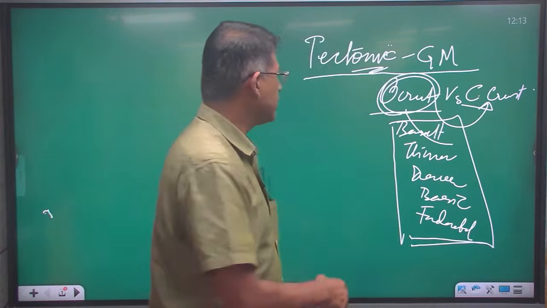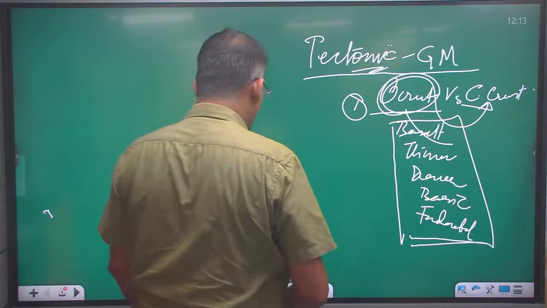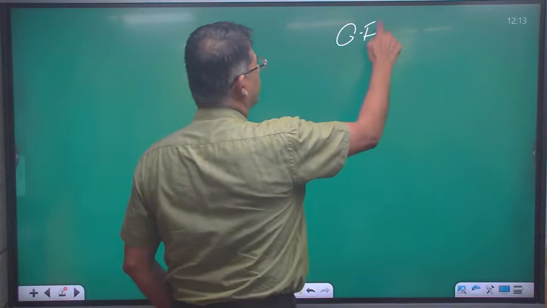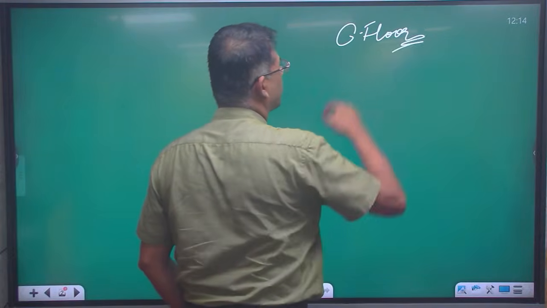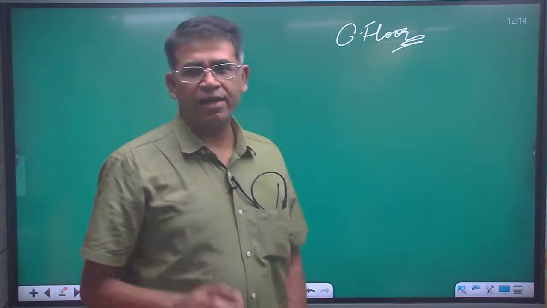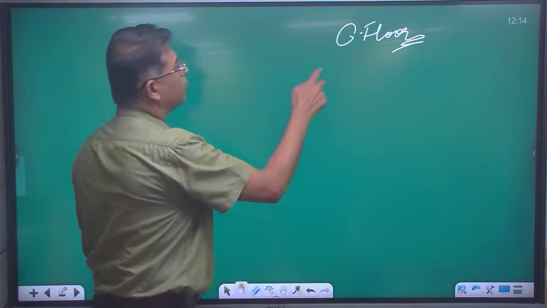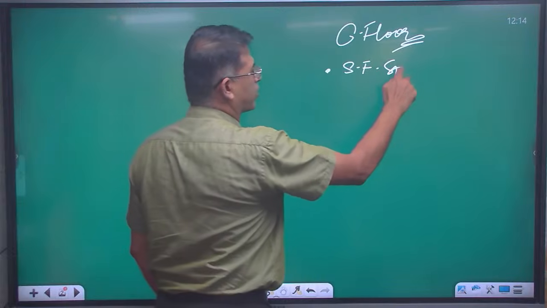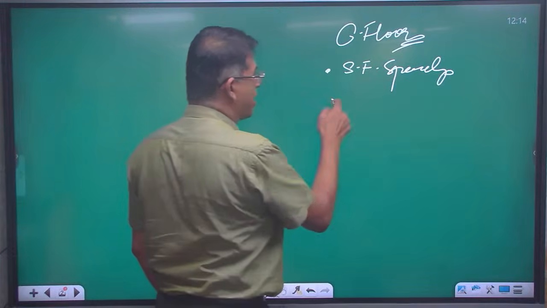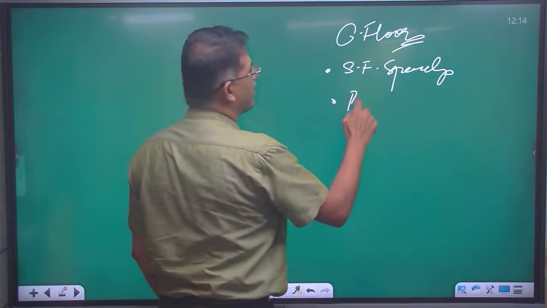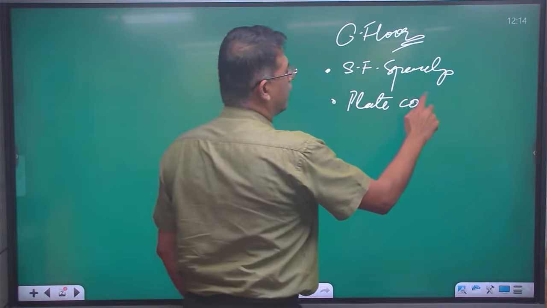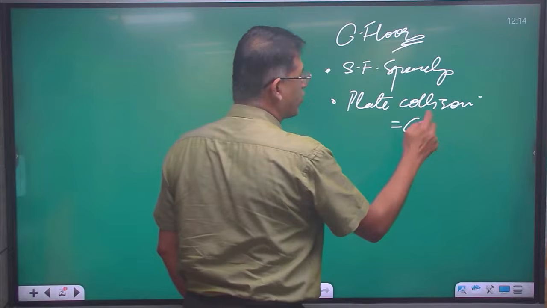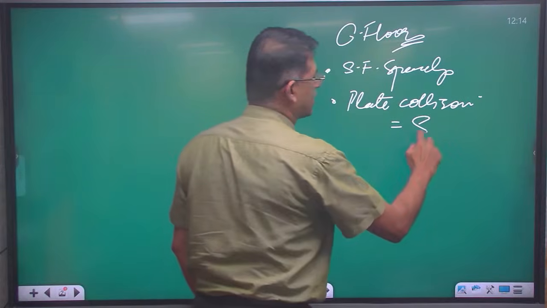That's one discussion. Then we talked about that the ocean floor में whatever landforms we have, it is guided by the sea floor spreading process and guided by plate collision process. जिसमें कि we have talked about something called subduction.